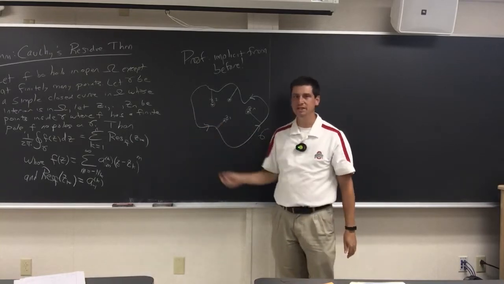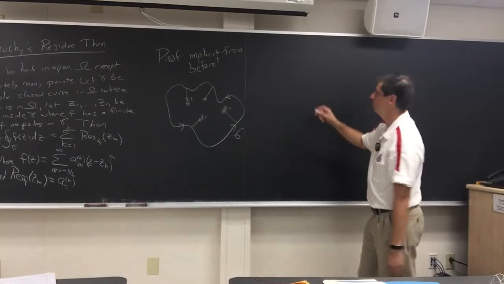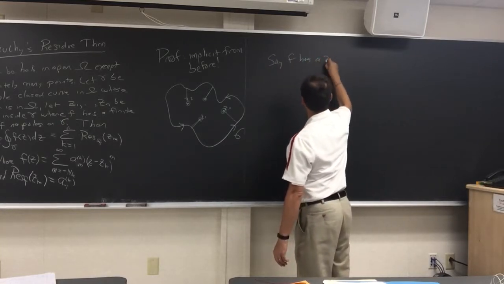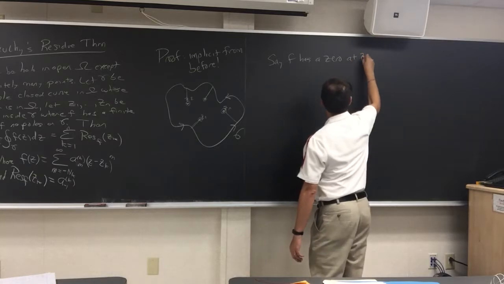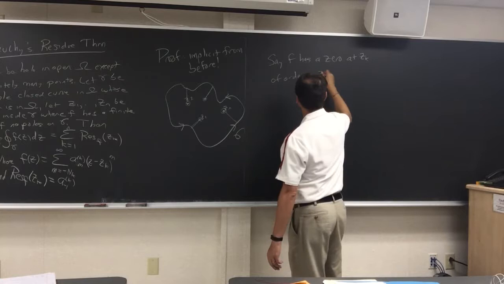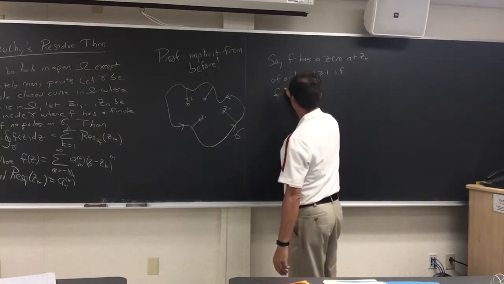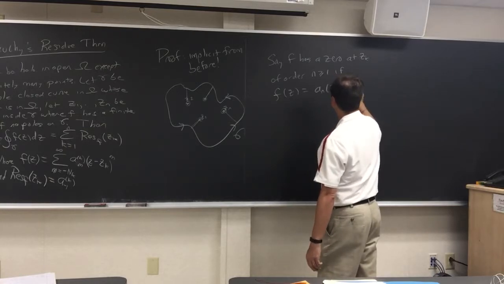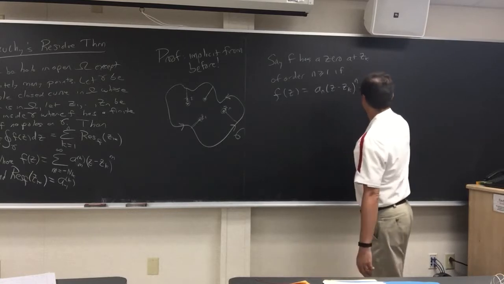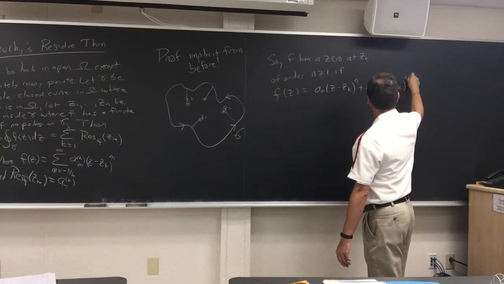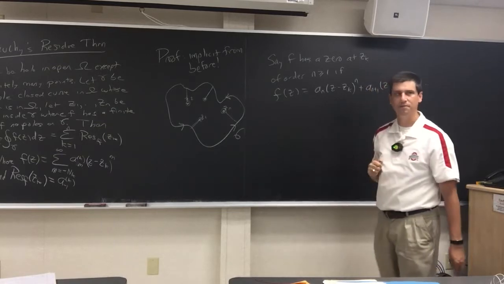So there's some language in here that's implicit that I think you've known, but I will just go over it before. We say f has a 0 at zk of order n greater than or equal to 1 if we can write f of z as a_n (z minus zk) to the n plus a_(n+1) (z minus zk) to the n+1 plus dot dot dot.